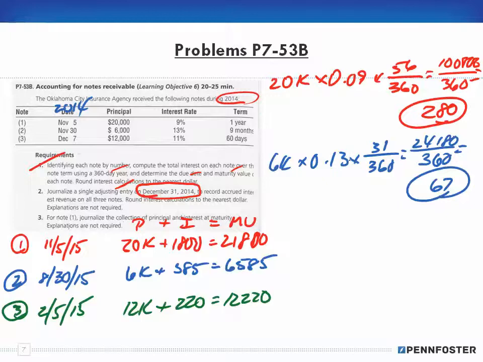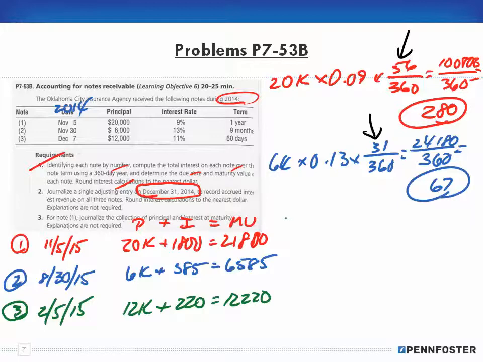And again, if you're not sure how I arrived at the 56 days or this 31 days, or in this next case here, where I'm going to be looking at 24 days, draw yourself a timeline and work it out, or look at the calendar and calculate exactly how many days.